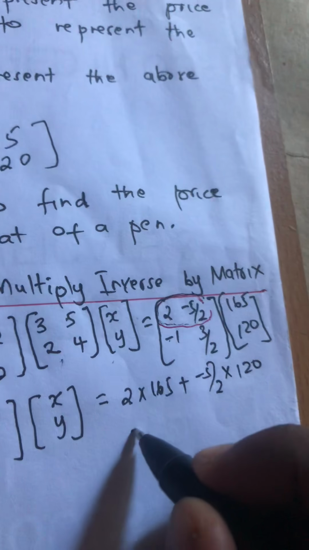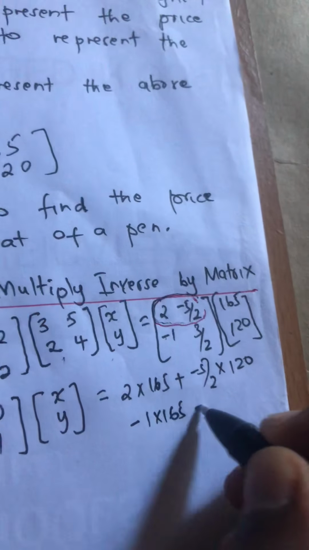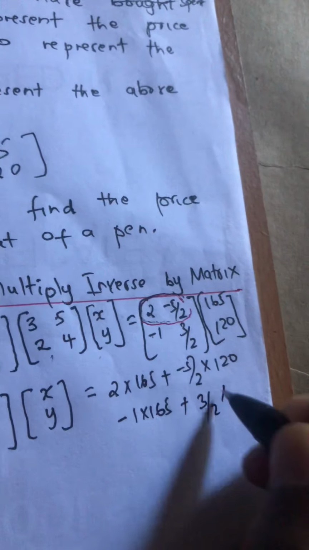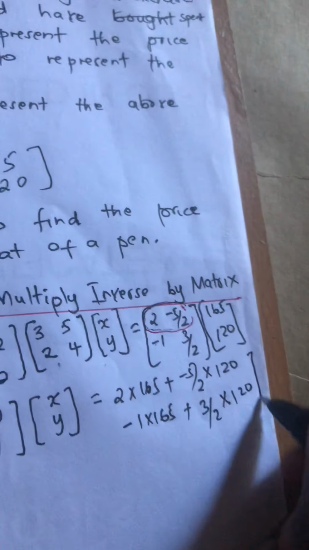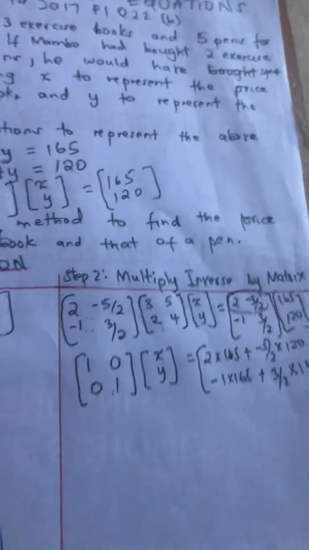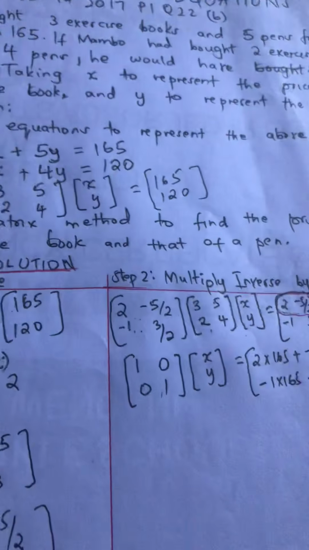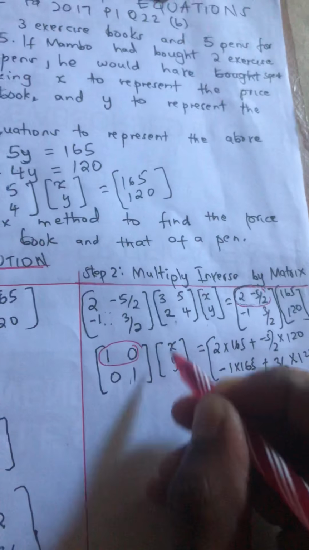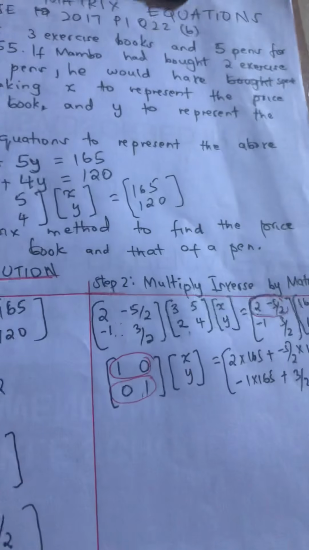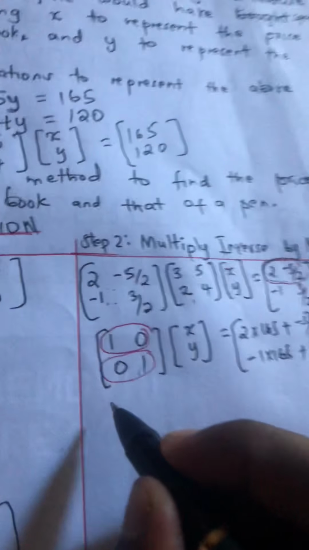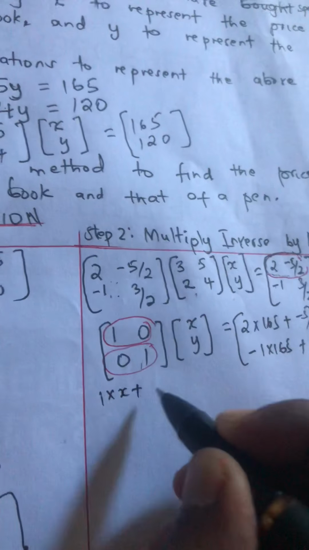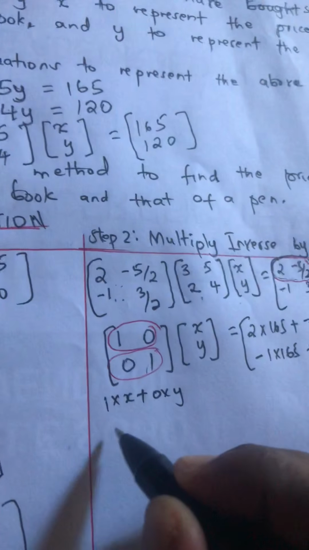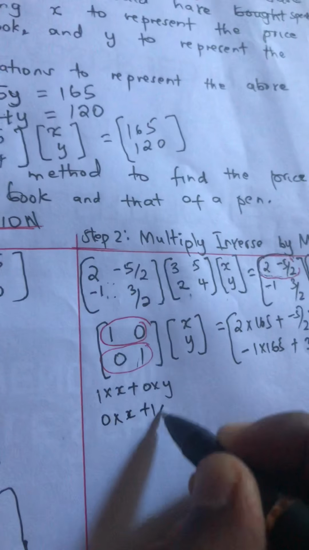Then below we have minus 1 times 165 plus 3/2 times 120. On the left side we also take row multiplied by column, which gives 1 times x plus 0 times y, and 0 times x plus 1 times y.